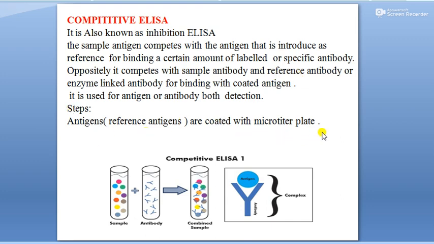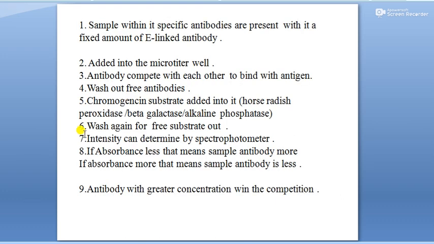Antigens are coated on the microtiter plate, that means antigens which act as a reference, right? We all know the sample antibody and antigen combine with each other and form a complex, right? So in the next step we can see the sample, within which specific antibodies are present, with a specific amount of enzyme linked antibody.